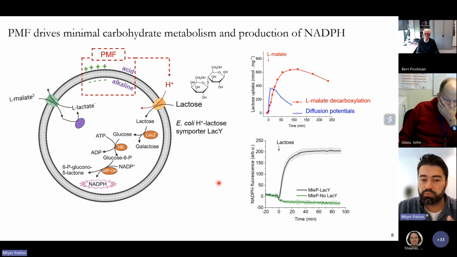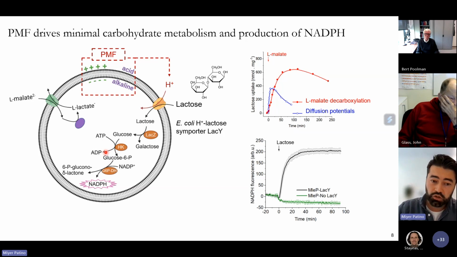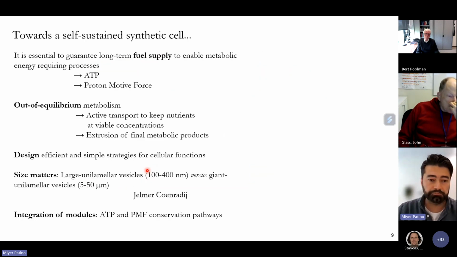And what we observed is that the proton motive force was indeed coupled to that minimal metabolism. With this, I think we have an initial platform for the incorporation of other modules, or for the integration of other cellular functions into a more complex synthetic cell.